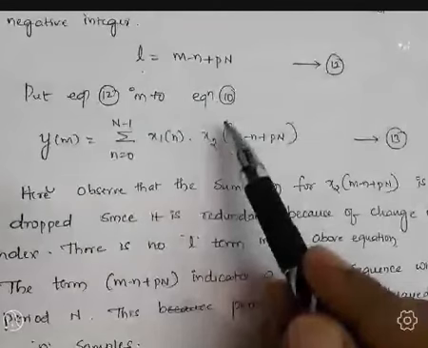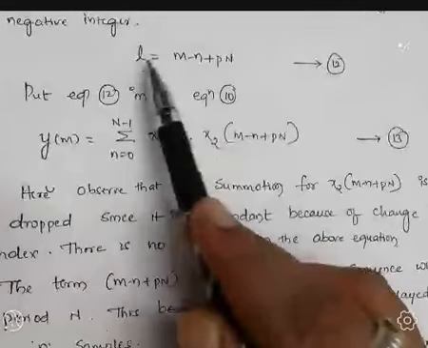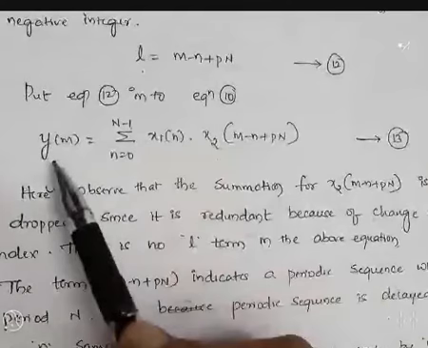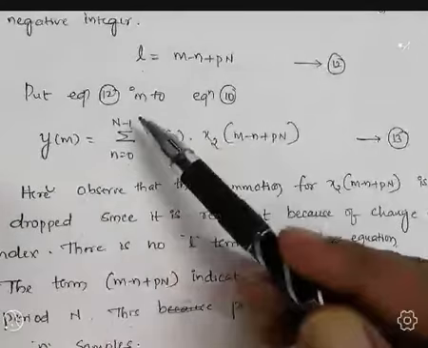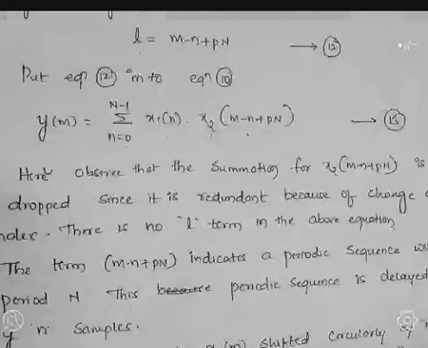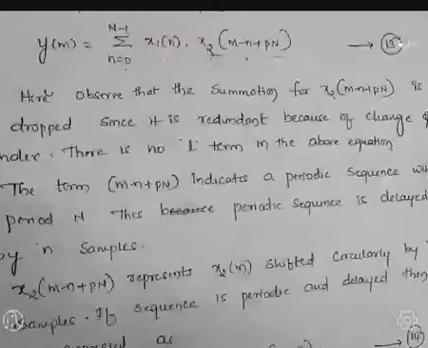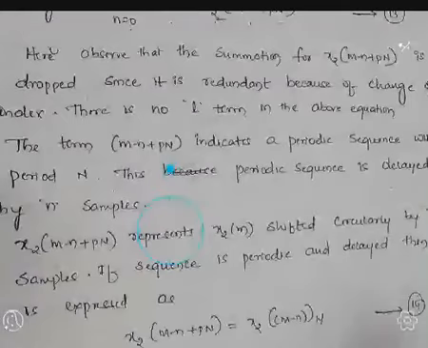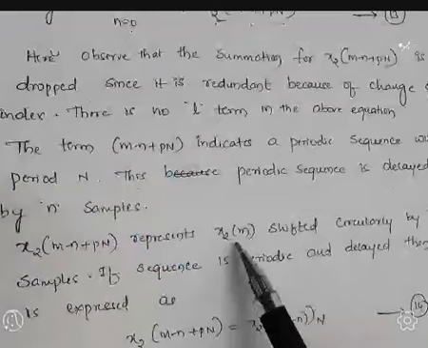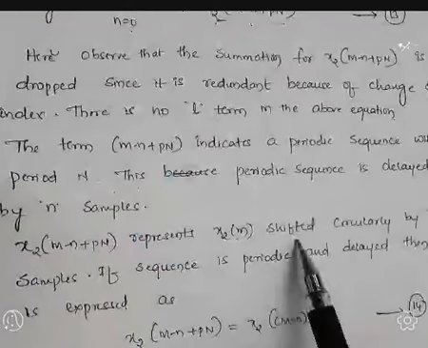y of m equals the summation over limits n equal to 0 to N minus 1 of x1 of n times x2 of l. In place of l, I am going to write m minus n plus pN. But what does the term x2 of (m minus n plus pN) indicate? It indicates that x2 of m is shifted circularly by n samples.